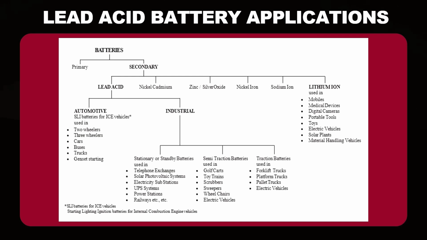Subsequently, lithium-ion batteries have also been used in solar plants, data centers, and home UPS inverter systems. Recently, they have been making their presence felt in another area, which is the material handling vehicle area where traction batteries are used. They are used in forklift trucks, pallet trucks, platform trucks, and all battery operated vehicles that are used in industries.